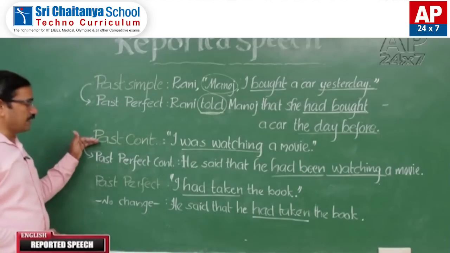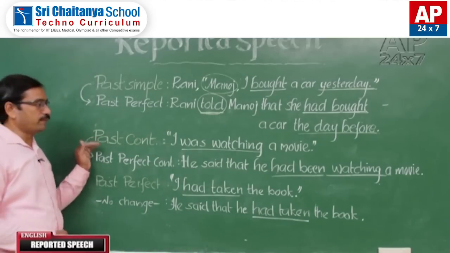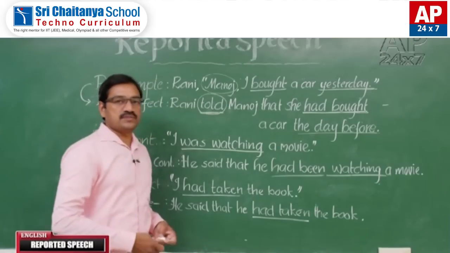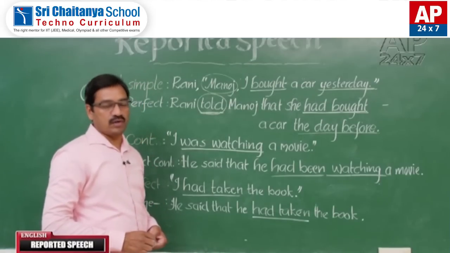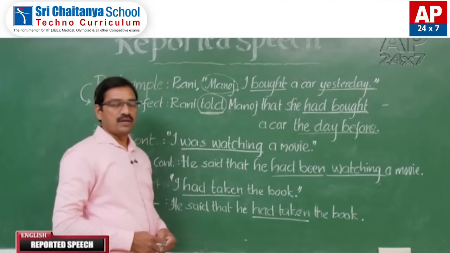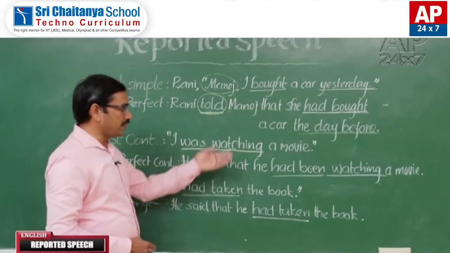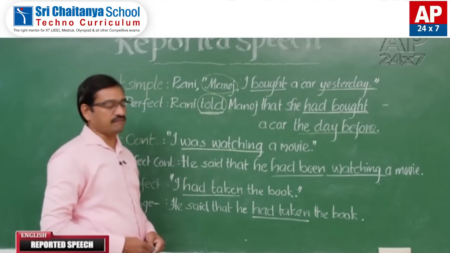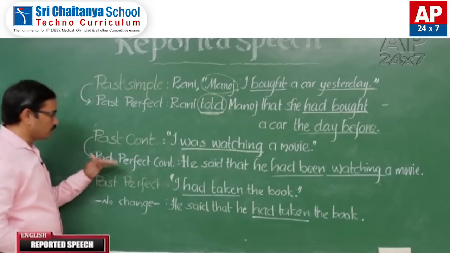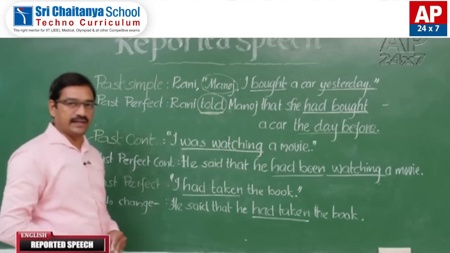Now, let us see another example, the past continuous form, was watching. As you know, the be forms is, are, was, were plus the ing form make a continuous tense. Was and were plus the ing form is the past continuous form. I was watching a movie. Now, it is changed into past perfect continuous in the indirect speech.